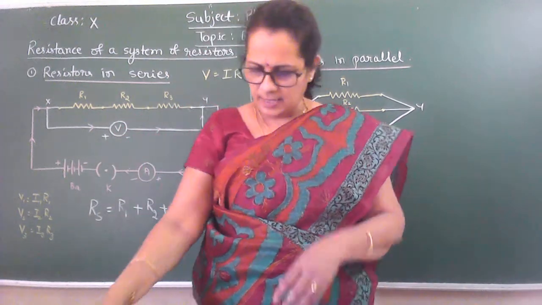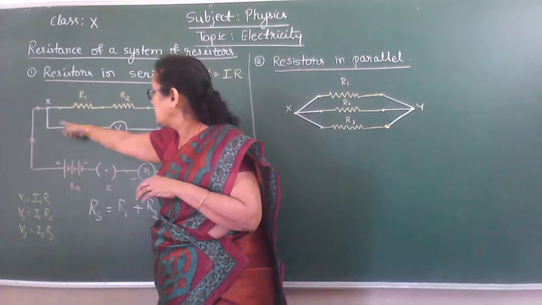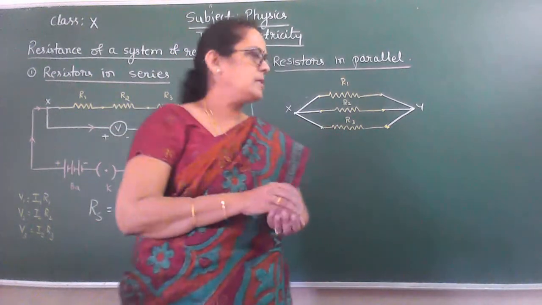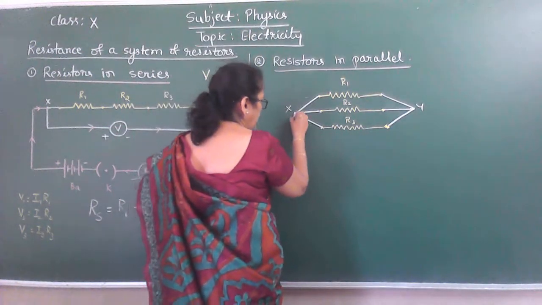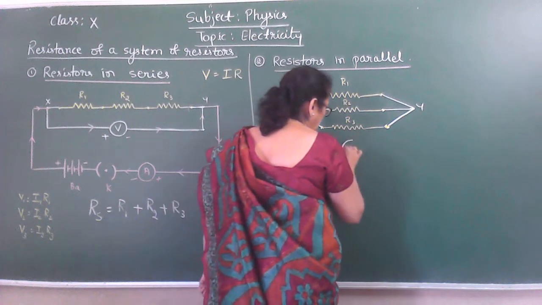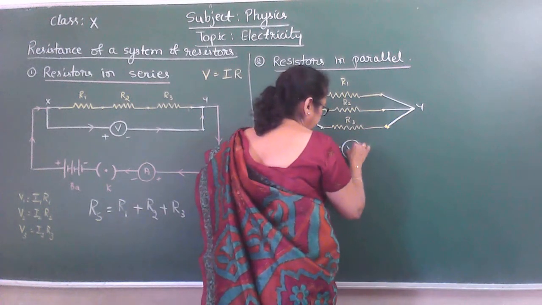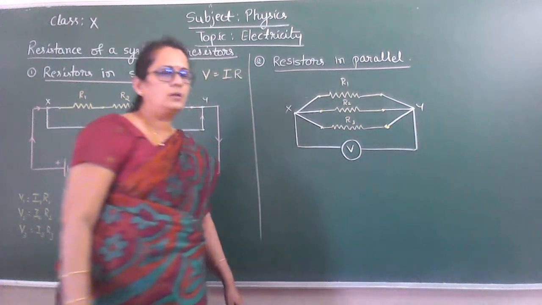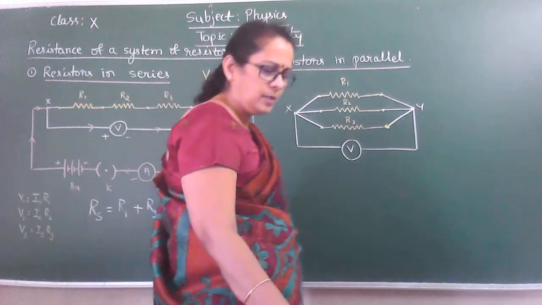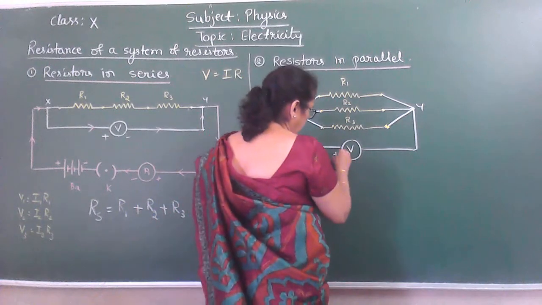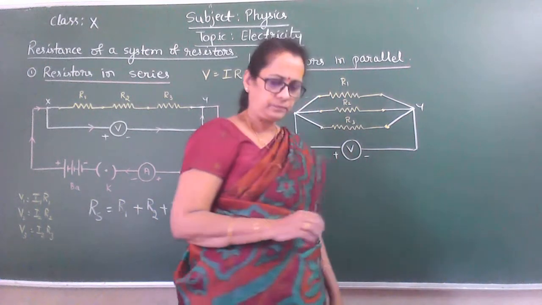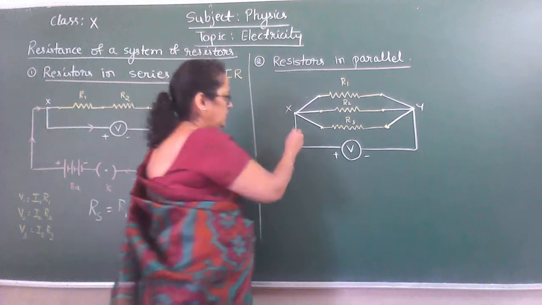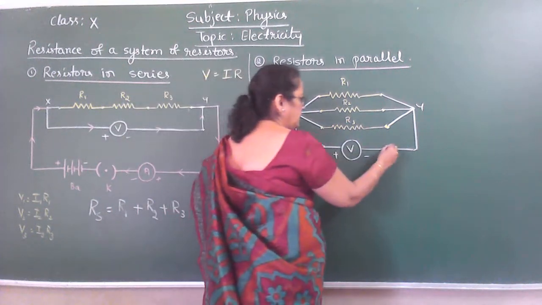And this XY, as you did here, is joined to the voltmeter, and also write positive and negative. Children, the current flows from here to here.